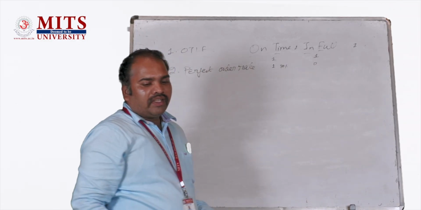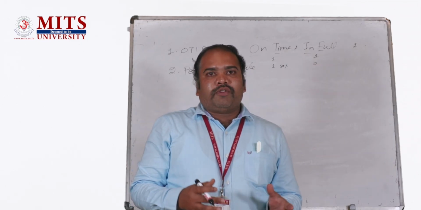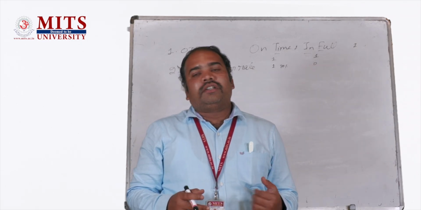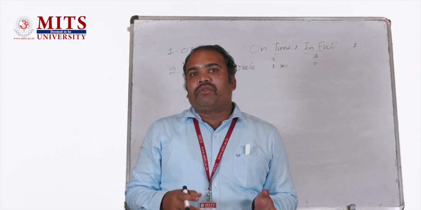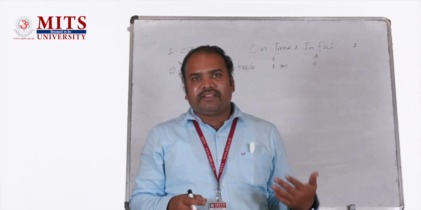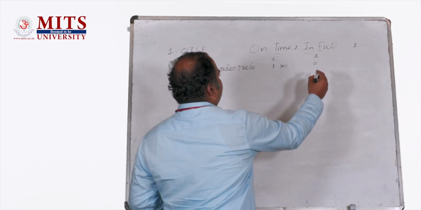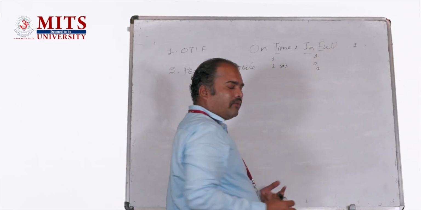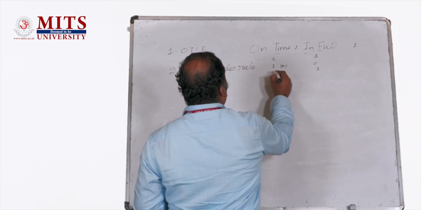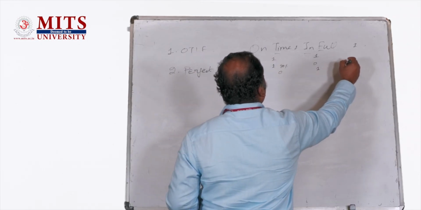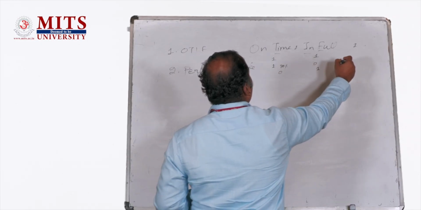In case all of the units that have been ordered have been delivered to me, but it was delivered with 2 days delay, in that case, in full is 1, but there was a 2 day delay, so on time is 0. So in both cases, OTIF score is 0.